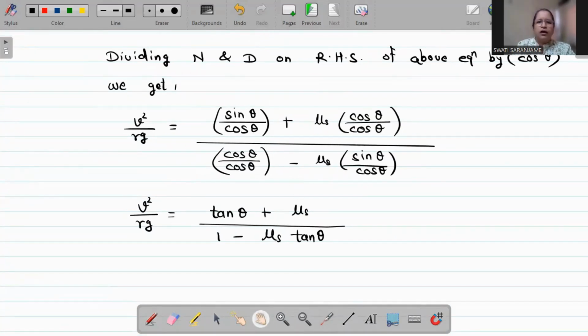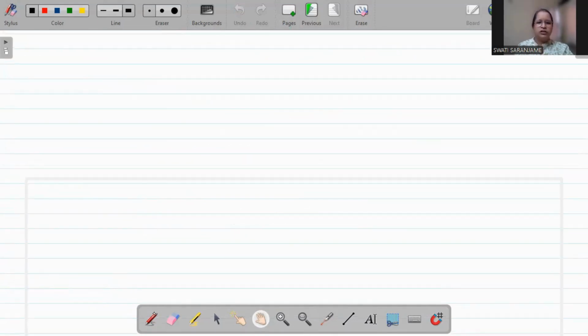Again, rearrange the equation for v square. Here, I am opening a new page. So rearranging this, v square is equal to Rg times tan theta plus mu s upon 1 minus mu s tan theta.